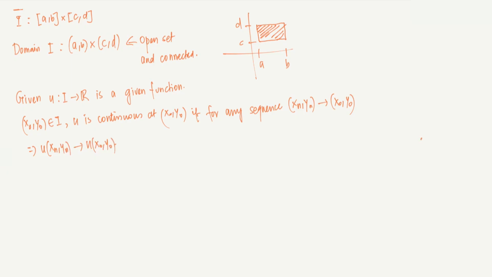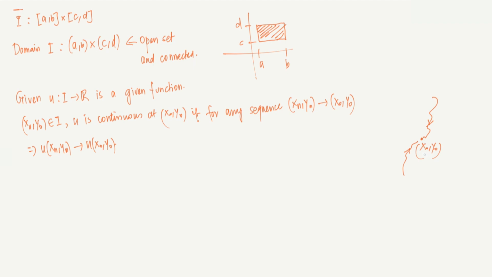Basically what I'm trying to say is this: let's say x naught y naught is some point, and there are infinitely many ways we can approach this point. We know u at the point x naught y naught is given to us.